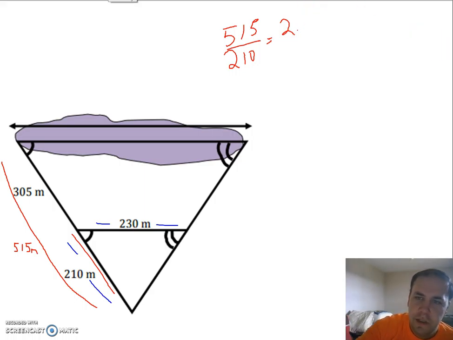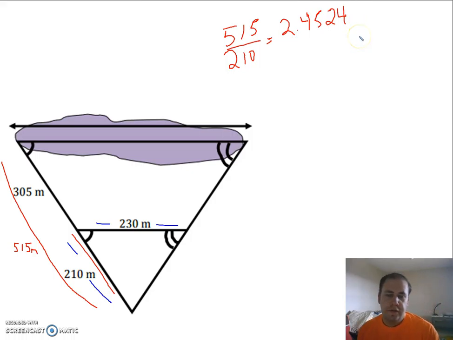It's 2.4524. I'm going to 4 decimal places because there's nothing wrong with being more precise here. So 2.4524. We're assuming here, because we have a side and 2 angles, that we do have a similar triangle here.